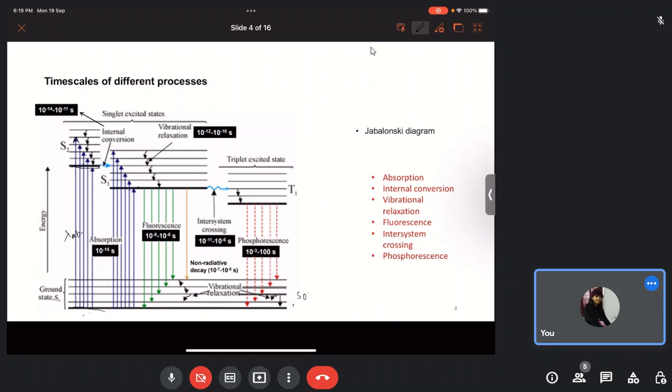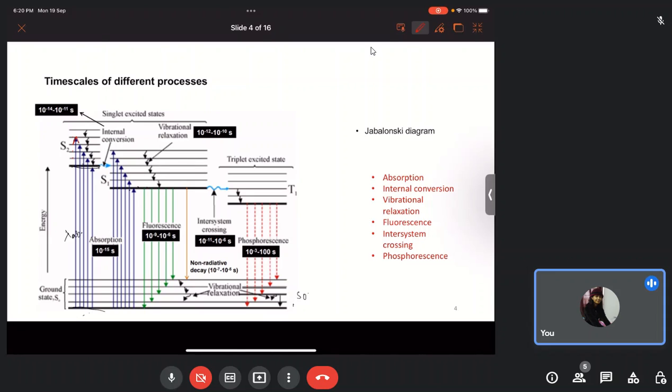If you look at the first arrow here, it is going to 0, 1, 2, 3, 4. We are going to the fourth excited vibrational level in the second singlet excited state.